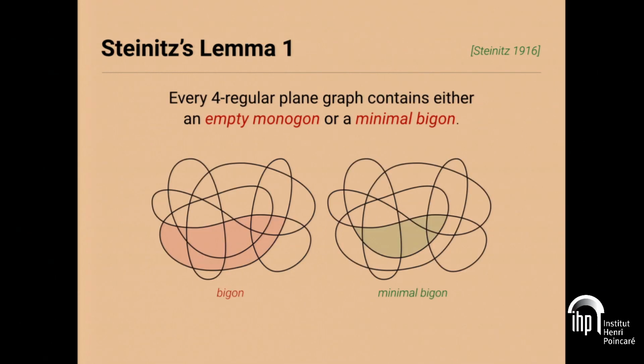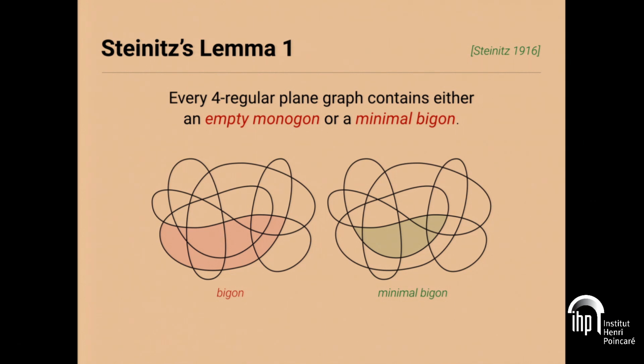So then Steinitz observed the following structural lemma about 4-regular planar graphs, but we can specialize it to curves, which is that every 4-regular planar graph, somewhere in there, either it's simple, it's a circle, or it contains an empty loop, which you could immediately get rid of, or it contains a substructure called the bigon. This is a disk bounded by 2 subpaths of the curve, and with some conditions that the ends poke outwards instead of poking inwards.